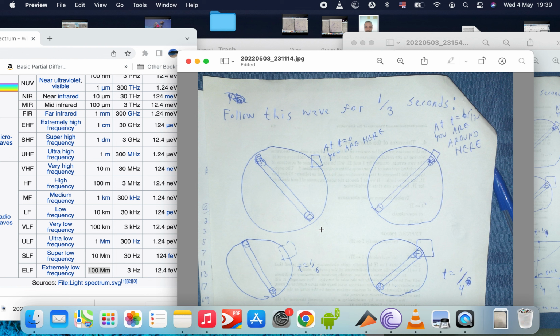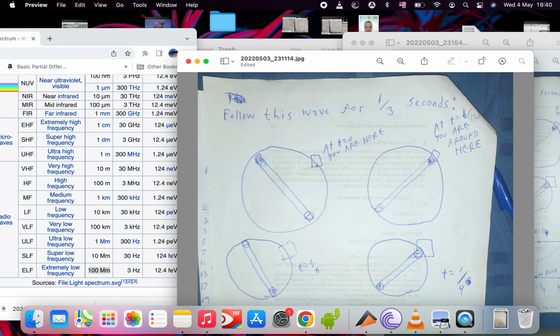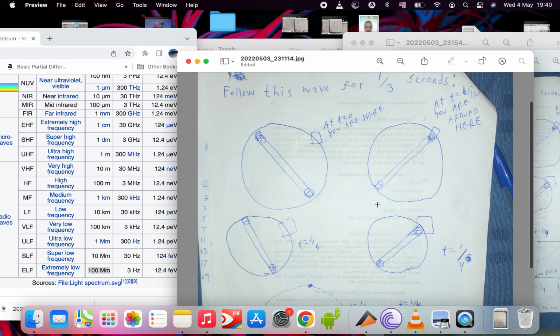Okay, so we are here, and what we want to do is imagine that this is spinning, and that we are measuring the electric and magnetic fields. And we want to see what kind of picture we measure, what kind of graph we create.